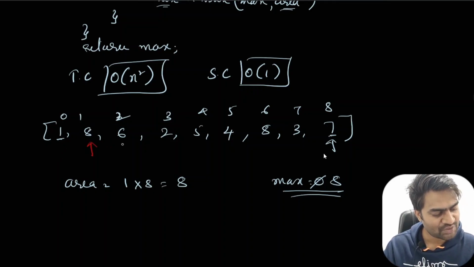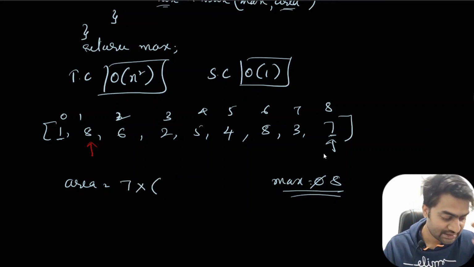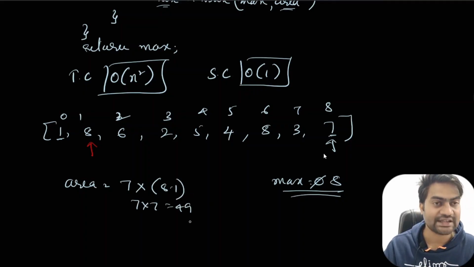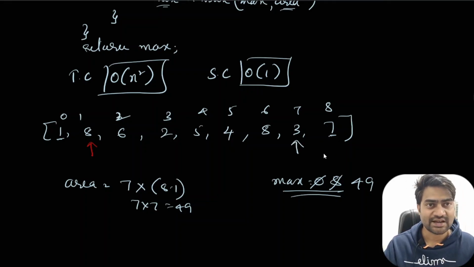Now between 8 and 7, the minimum is 7, and the distance is 8 minus 1, so it is 7 into 7, which is 49. Let us update this with 49. Now out of 8 and 7, 7 is smaller, so I will decrement the right pointer.